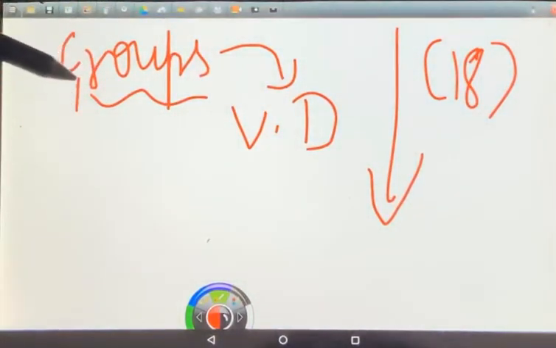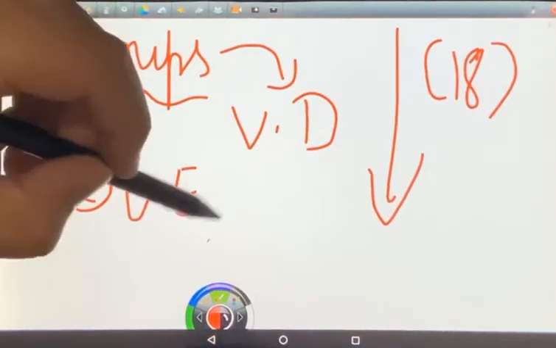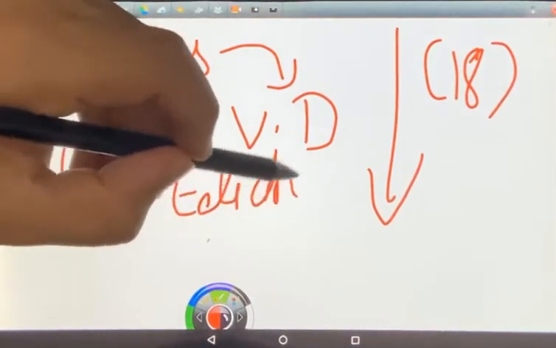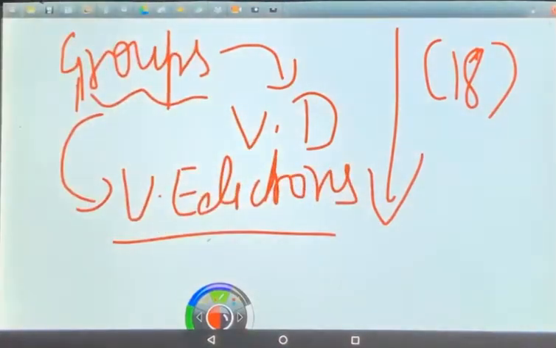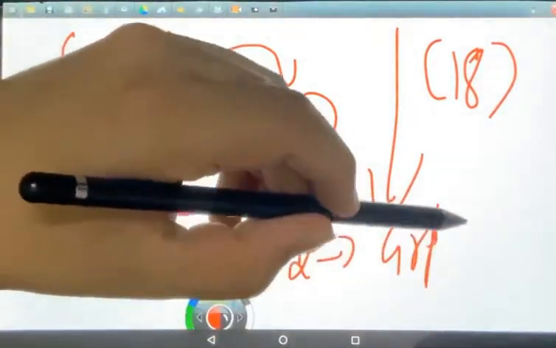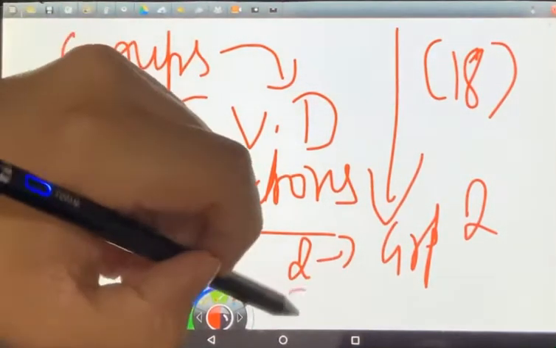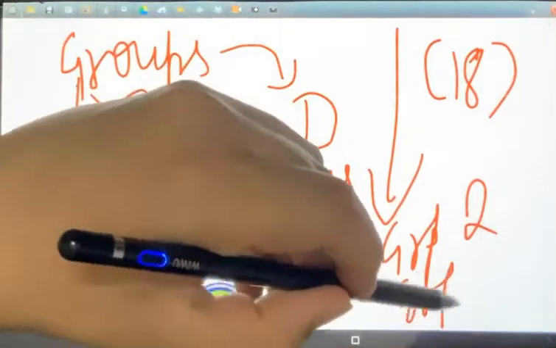In order to find the group of an element, I have a video on this also, we have to just write the valence electrons, the last shell electrons. The last shell electrons correspond to the group of the element. So in case I have 2 electrons, your group number is 2. But one exception is there, that from 3 to 8 valence electrons we will add 10 to it. So if I have 3 valence electrons, my group number is 13.